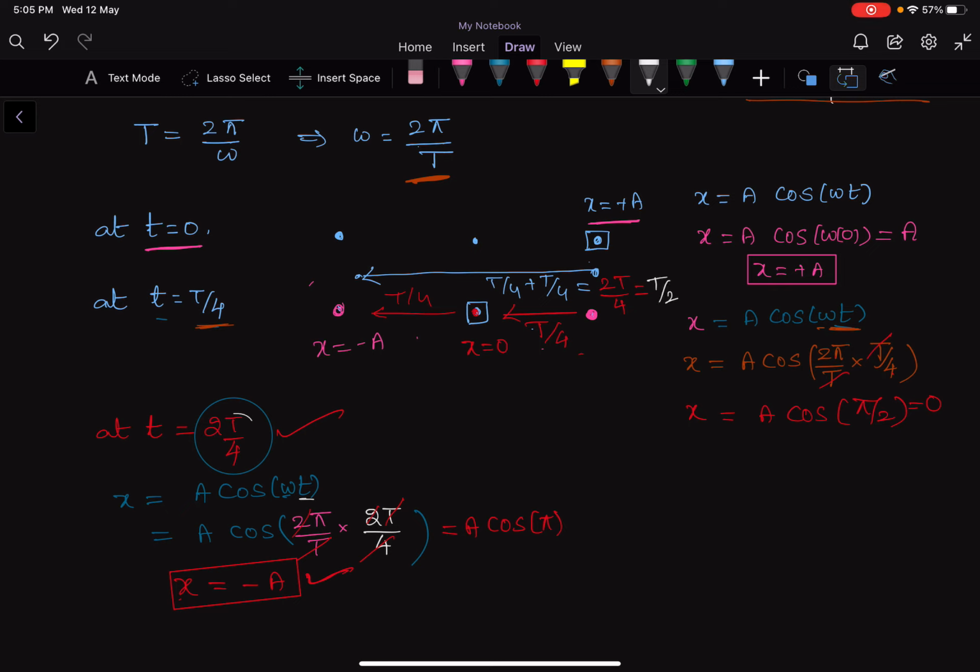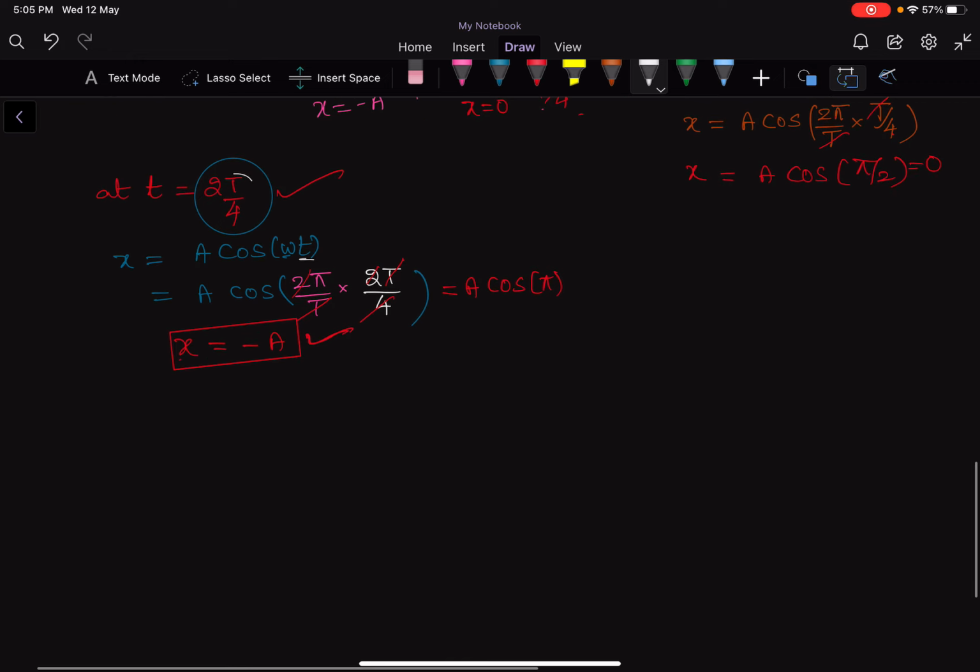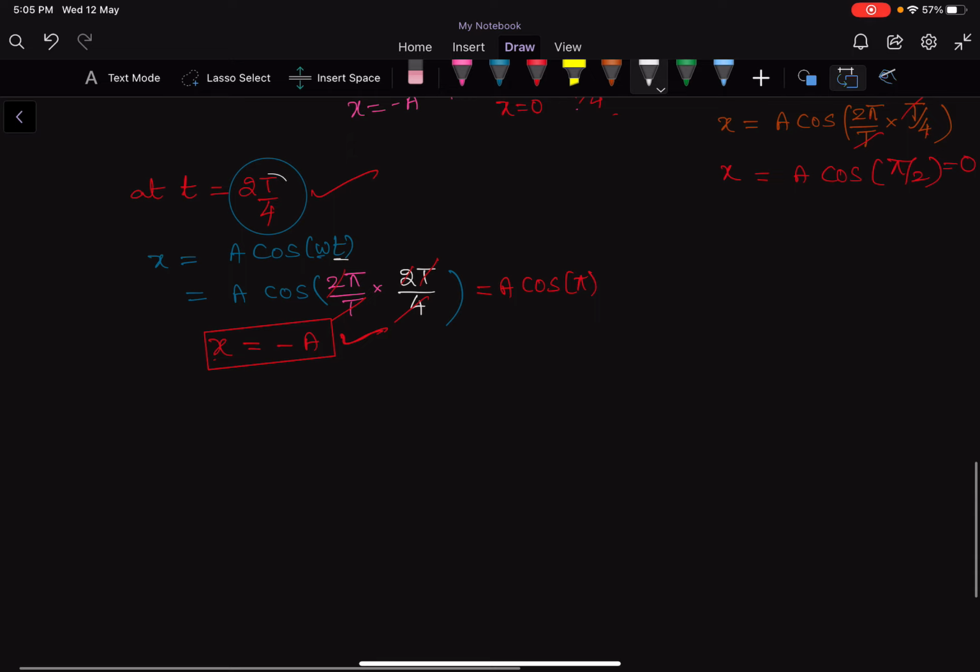Okay. So this time taken is how much? T by 2, right? So I am summing up. Now at t equal to 3T by 4, after T by 4 seconds again, x equal to A cos of omega t, where omega is 2 pi by T into time, which is 3T by 4.